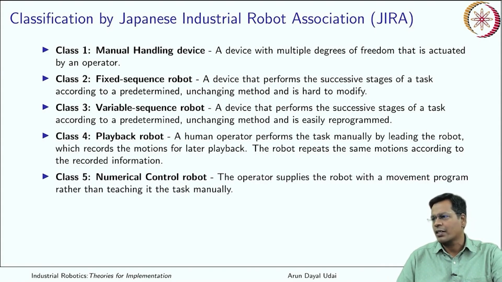Then class 5 is a numerically controlled robot. The operator supplies the robot with the movement program rather than teaching the task manually. This excludes the other classes like the playback robot, class 4.